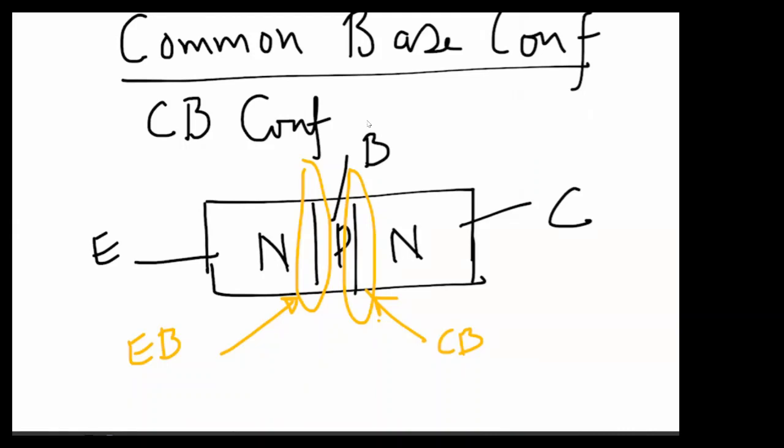Now in case of the normal operation of the transistor, the emitter base junction needs to be forward biased and the collector base junction needs to be reverse biased. So this is just the review which we have done in the previous lecture.